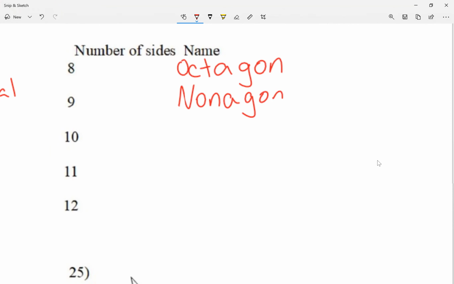Nona sounds like 9. So nonagon means 9 sides. Now 10. Think of a period of 10 years. How's that called? Decade, right? So a polygon with 10 sides, we're going to call this decagon.